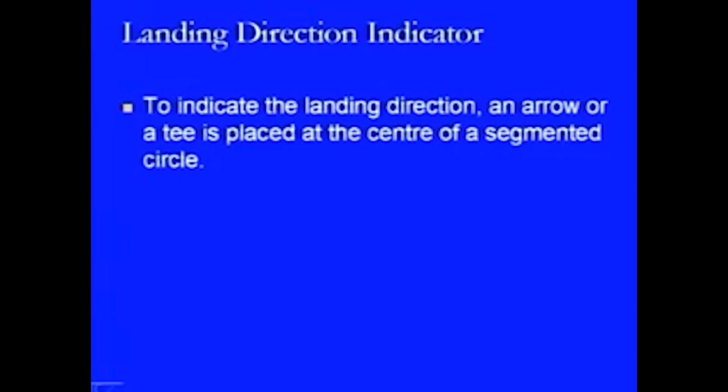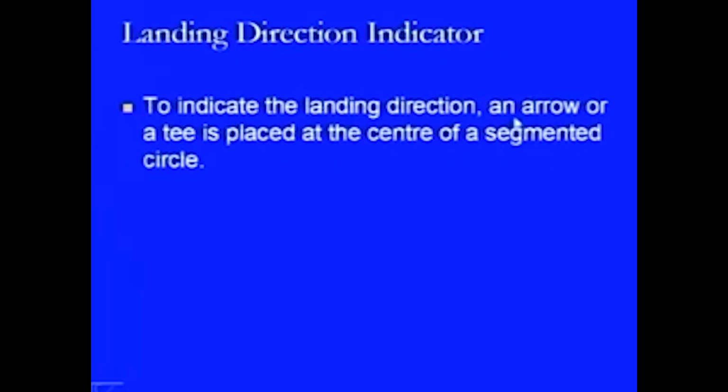So, the pilot will be able to see that particular indicator, and on the basis of that indicator he or she will be orienting the aircraft so that they can land in that direction. So, this indicates the landing direction, and it is provided in the form of maybe an arrow, or a T placed at the center of a segmented circle. These are the two ways in which it can be provided.